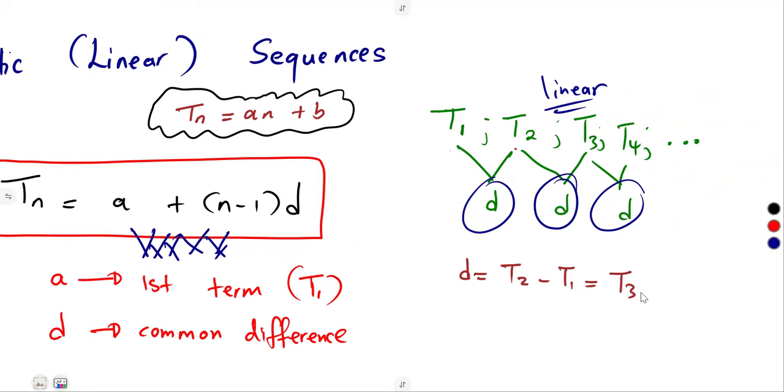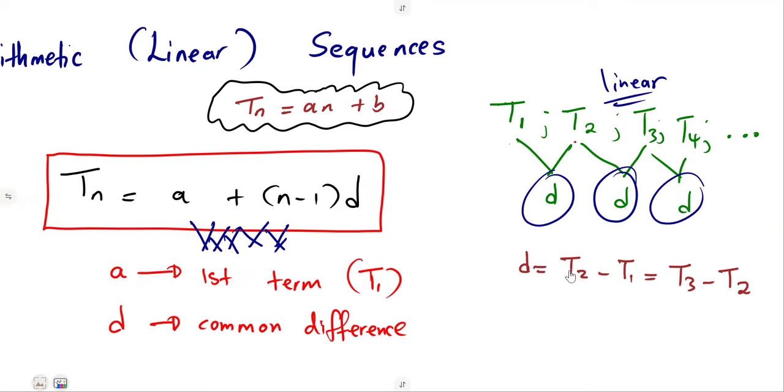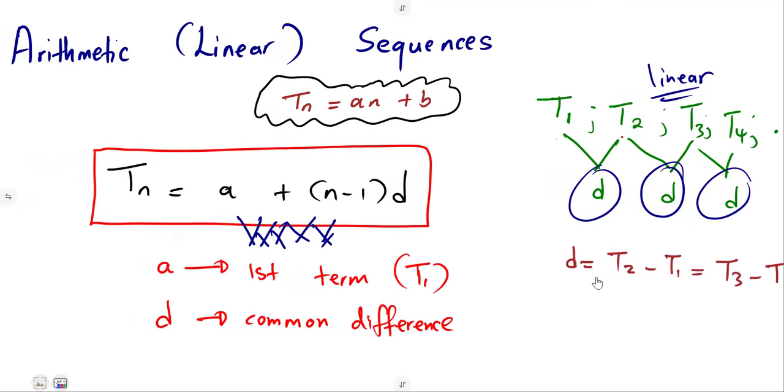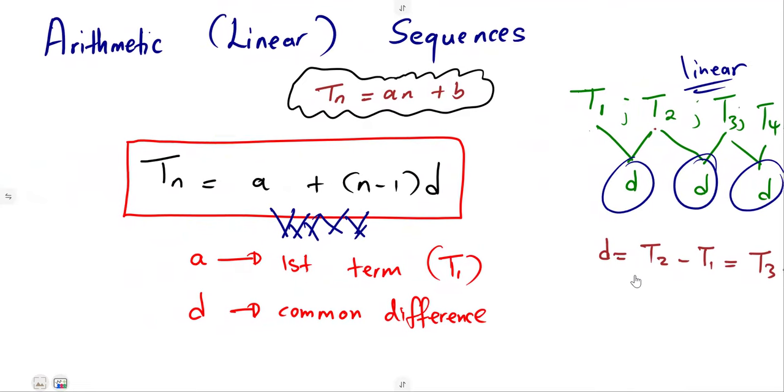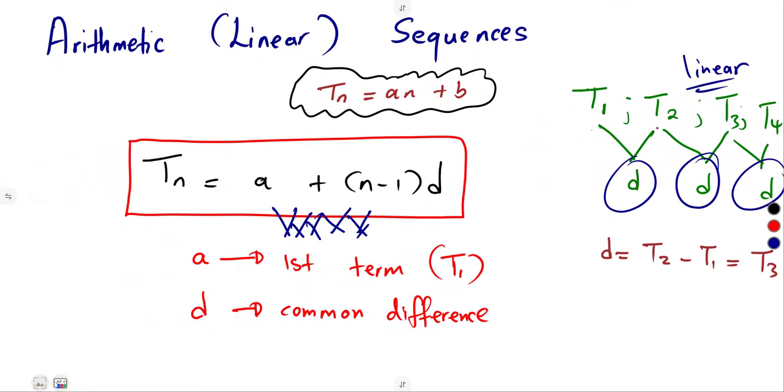It can be T4 minus T3. Anyway, it must be the same throughout, the common difference. And we have got the N, which will correspond to the Tn that you are calculating, which is like the number of terms.